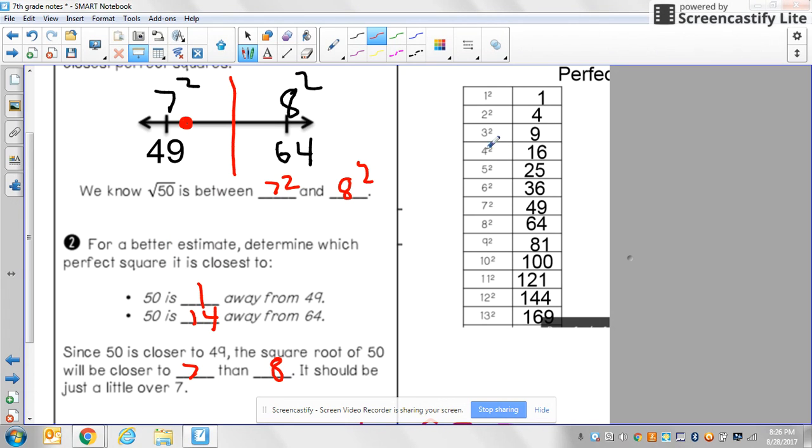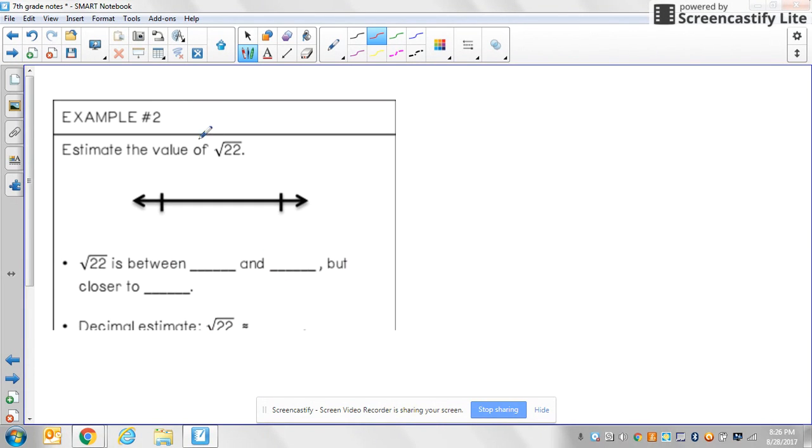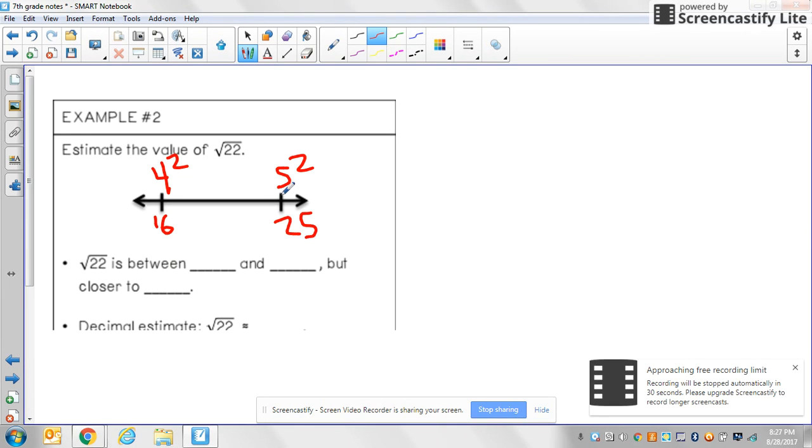So we're going to use the 4 squared and the 5 squared. I'm going to go ahead and put 16 down, and then I'm going to put the 25 down. Now remember, 16 is 4 squared and 25 is 5 squared.